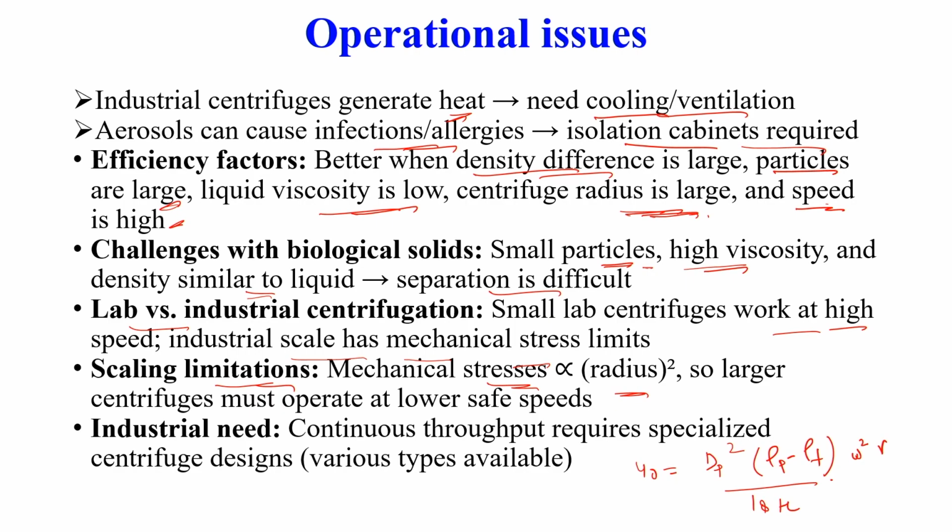So, a larger centrifuge must operate at a lower safe speed, or we can have multiple batches of the centrifuge. Industrial need: there is a requirement for continuous throughput, which requires specialized centrifuge design.